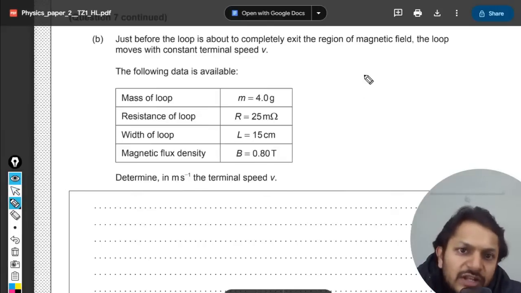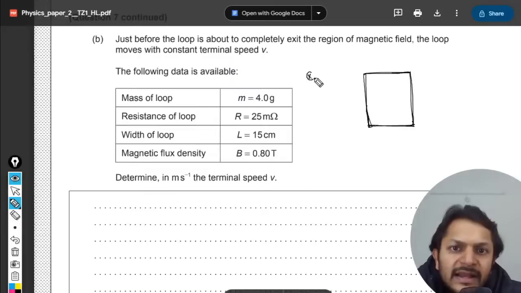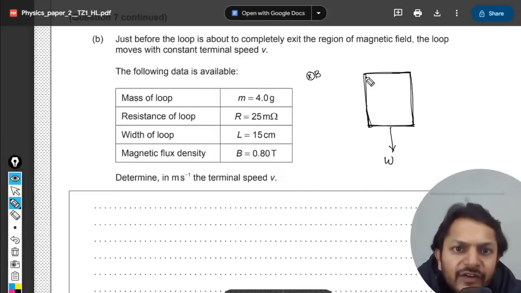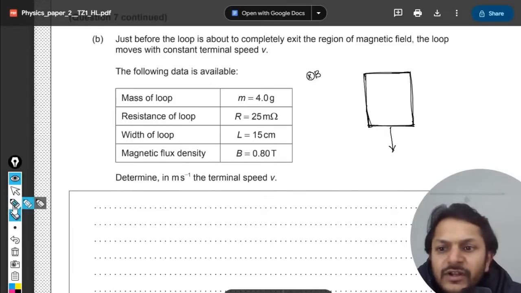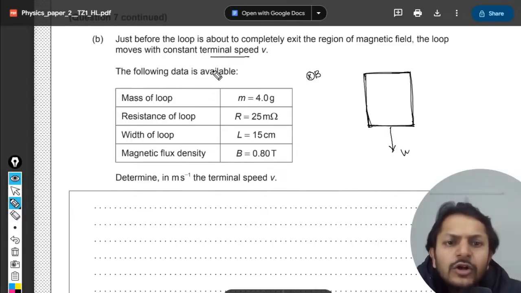In this question, let me draw the loop here. Let us say this is the loop, and there is a magnetic field inside. The mass is given, so there is a downward force which is weight. First of all, let us assume that it is moving with the velocity v, and we are also assuming it is terminal velocity, so the velocity is constant.